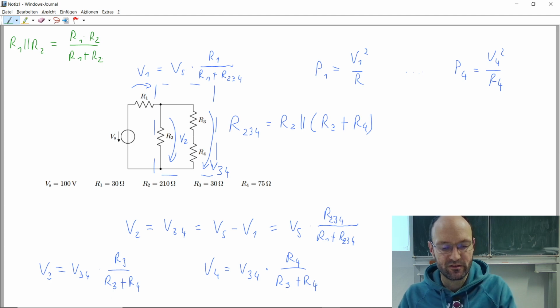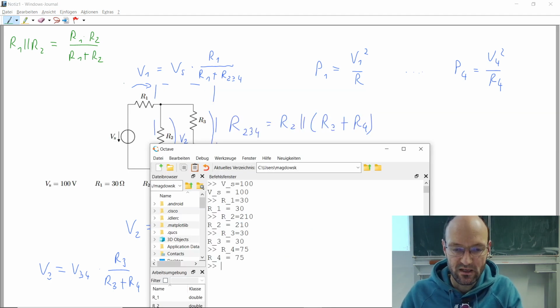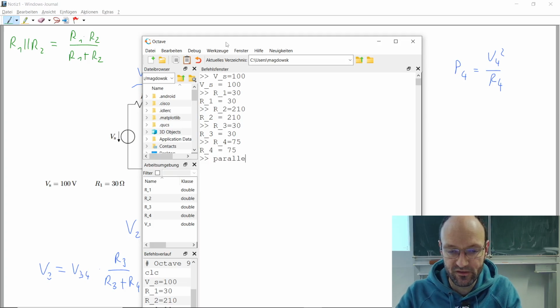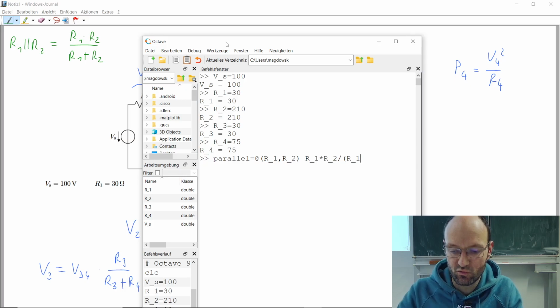Okay, so then let's write a quick function for this. So we can say parallel is a function that depends on R1 and R2, and if we want to calculate this, we need to have R1 multiplied with R2 divided by R1 plus R2.